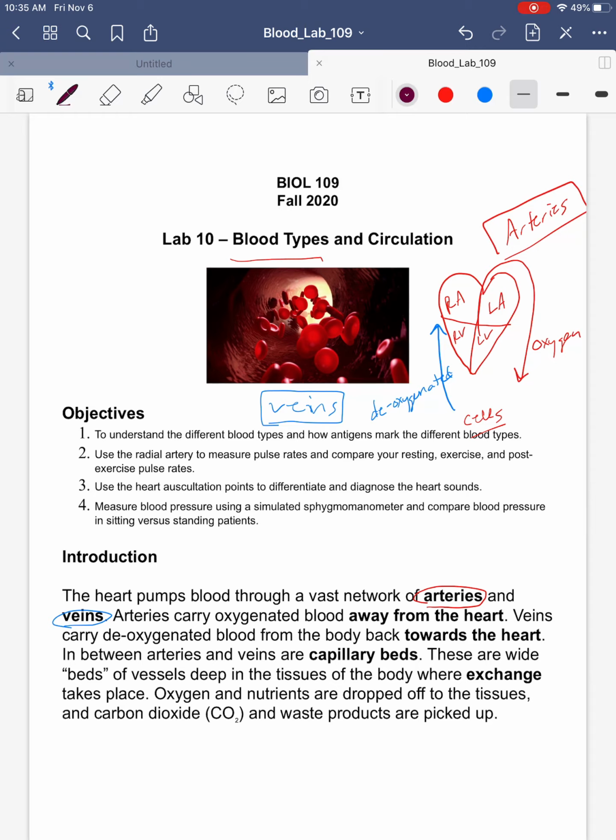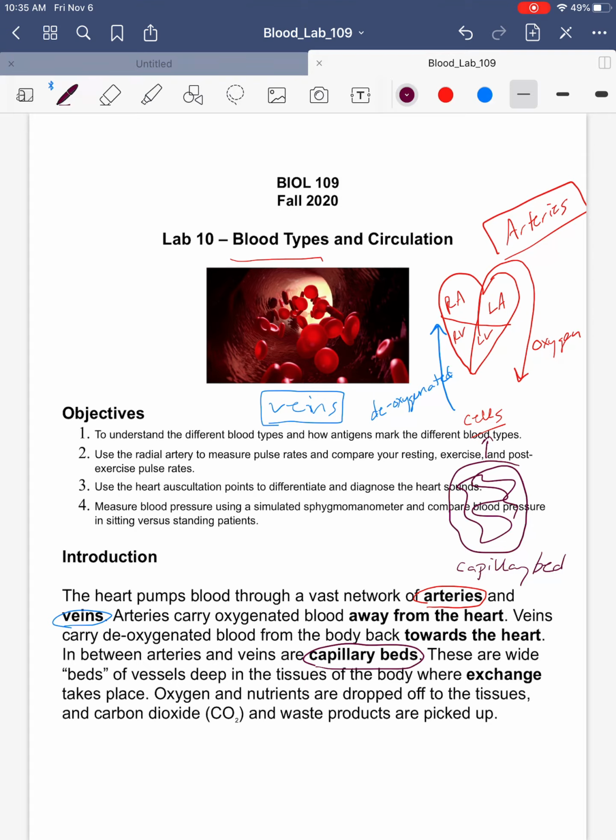And the capillaries exist in a bed, so it kind of looks like this. So capillary bed. And this is where the exchange actually takes place. So this is occurring at the cells. The capillary beds are in between the arteries and the veins.